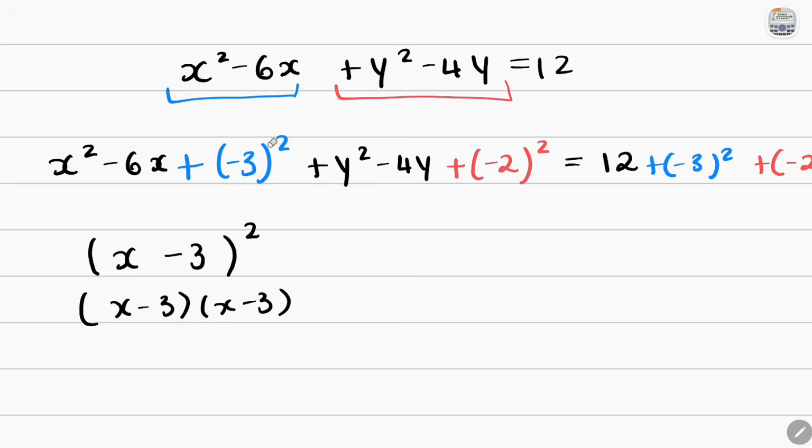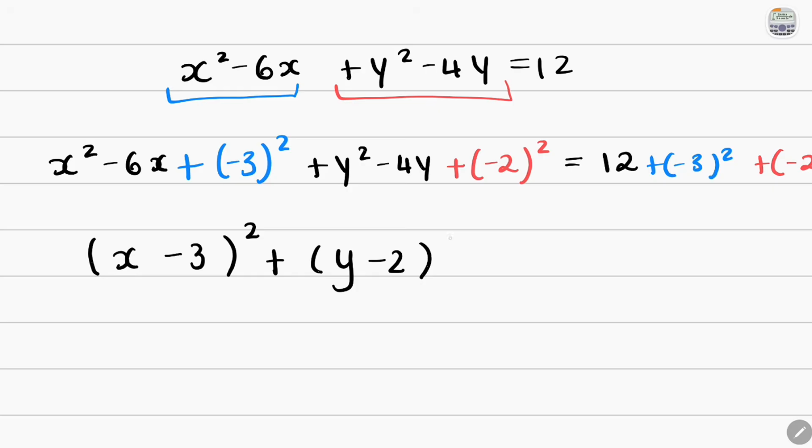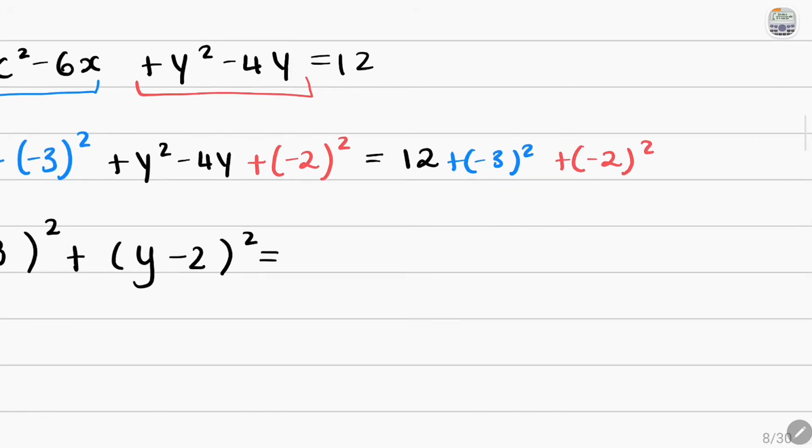If you squared that, you got x squared minus 6x plus 9, which factorizes to this. That's the first part, and we do the same thing here. So we say plus, and we have y minus 2, all squared, and this is equal to, and then we just add this.